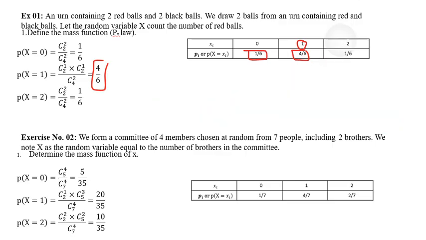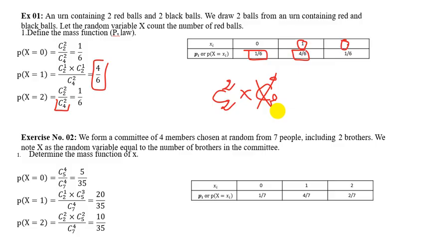Finally, what is the probability of getting 2 red balls? Omega doesn't change, and the number of ways for this event is drawing 2 red balls from 2 red balls, multiplied by 0 black from 2 black.